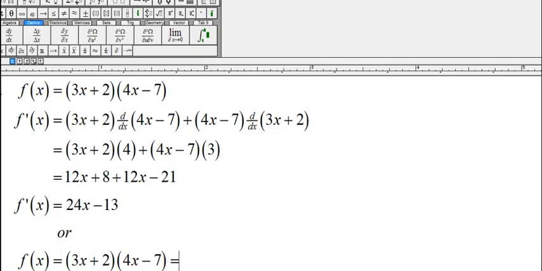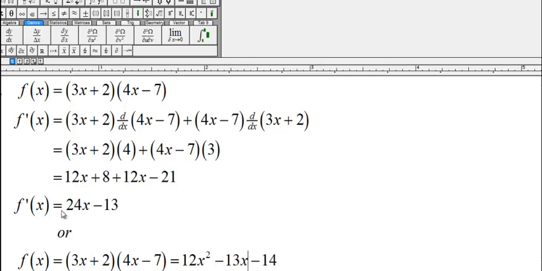We could have multiplied this out with the distributive property, or FOIL. 12x squared, first times first, last times last is negative 14. And then we need a middle term, our x term. 2 times 4x is 8x, minus 21x, and 8x minus 21x is negative 13x.